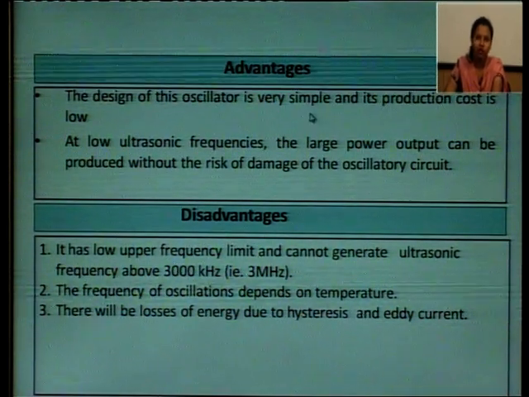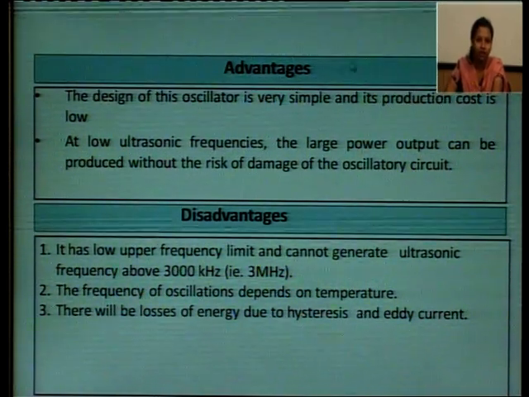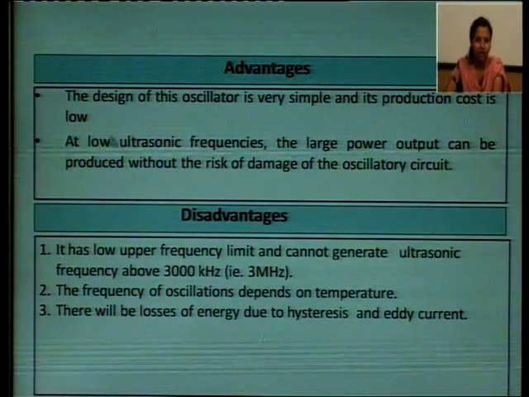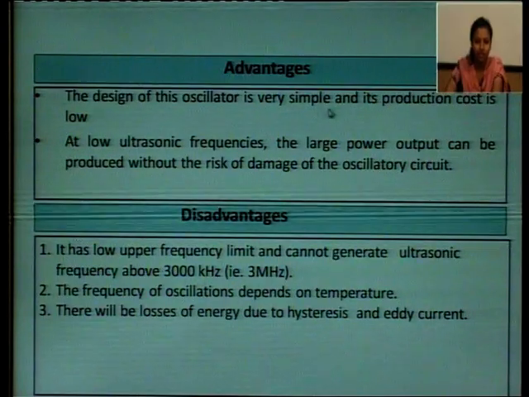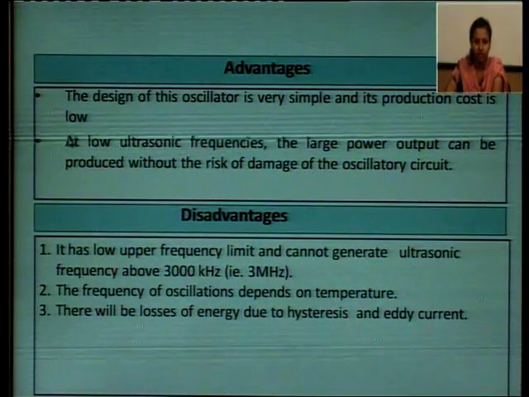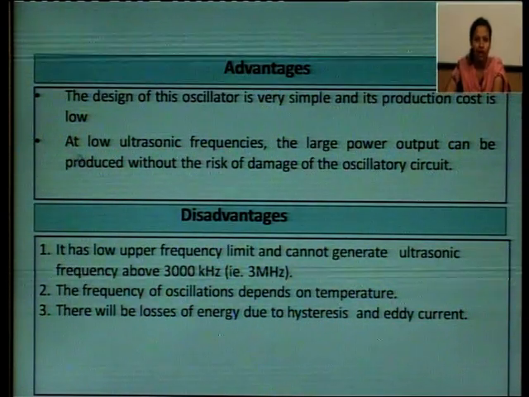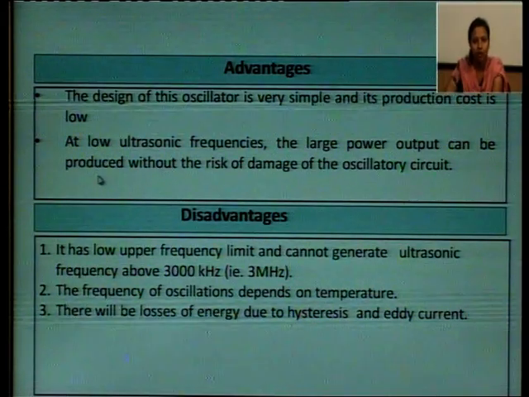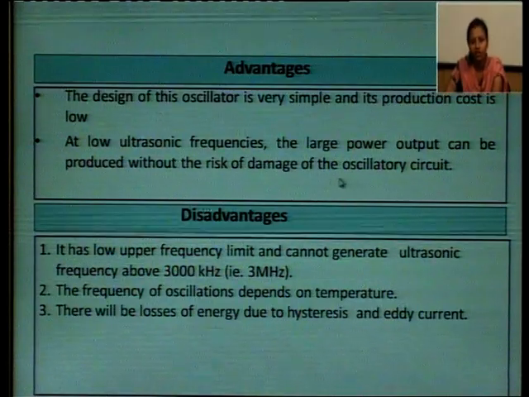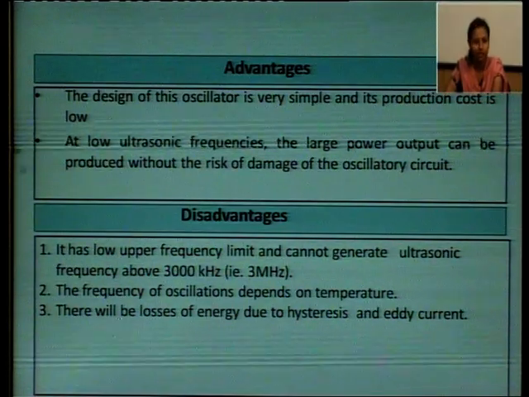The advantage of the magnetostriction oscillator is that its design is very simple and its production cost is low. At low ultrasonic frequencies, a large power output can be produced without the risk of damage to the oscillatory circuit.